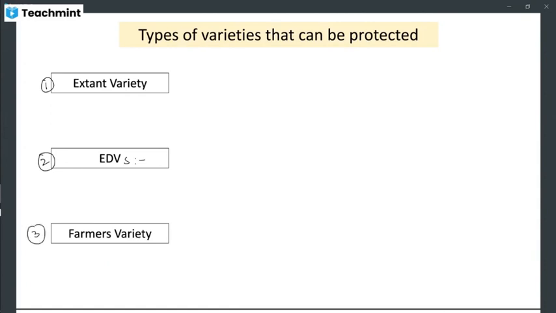Okay. So what is an extant variety? An extant variety is any variety which is available in India. So it should be available in India, point number one. And then it should be notified by the Seed Act of 1966 under Section 5.